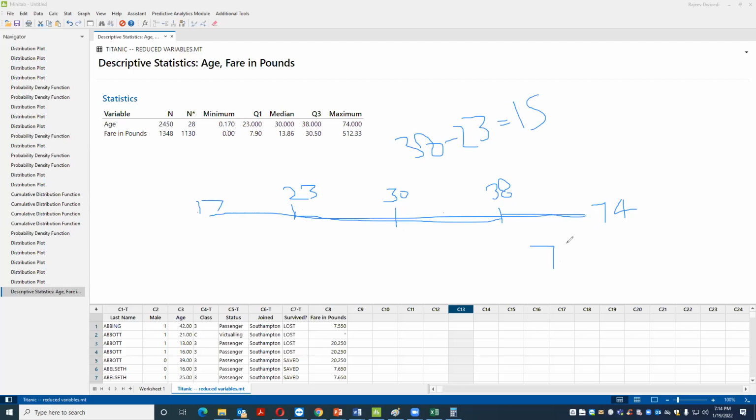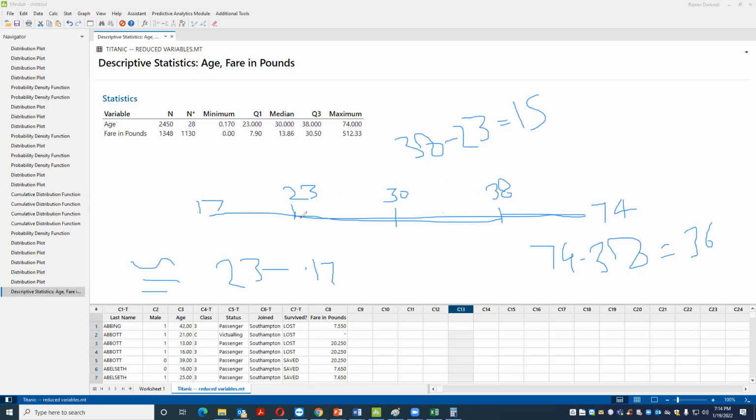What is the top 25% range? 74 minus 38, which is 36. What is the bottom 25%? Approximately 23 minus 0.17. What is the top 75%?